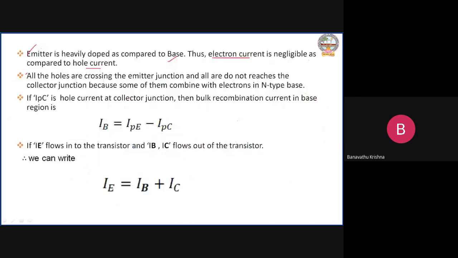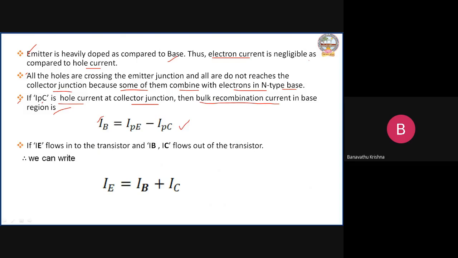Some of them recombine with electrons in the n-type base. If IPC is the collector current due to holes, 95 to 98% of the charge carriers enter the collector region as hole current at the collector junction. Then the bulk recombination current in the base region is IB equal to emitter current minus collector current.